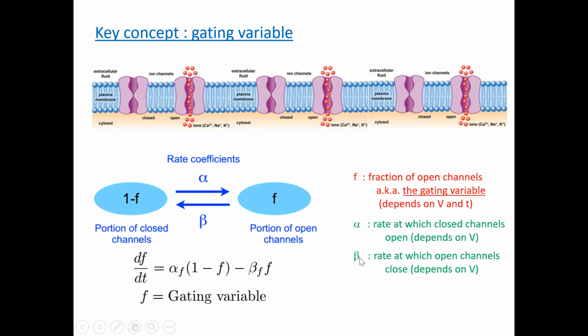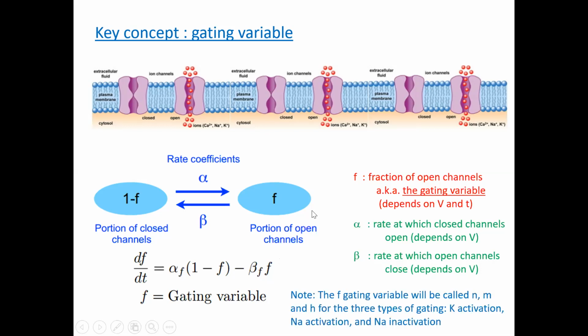So beta here is the rate at which open channels close, which depends on V, as does alpha. They're both voltage dependent. We're going to have gating variables associated with potassium activation, sodium activation, and sodium inactivation. And instead of F, to distinguish them, they're going to be called n for potassium activation, m for sodium activation, and h for sodium inactivation.